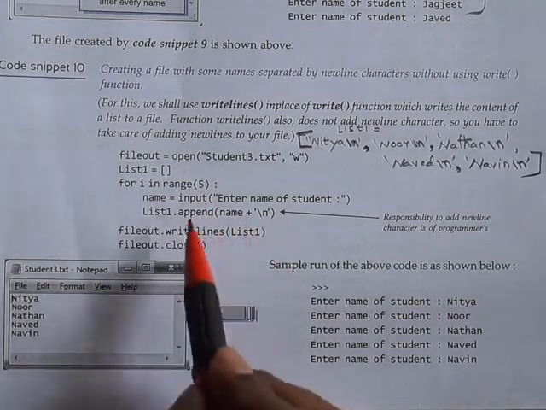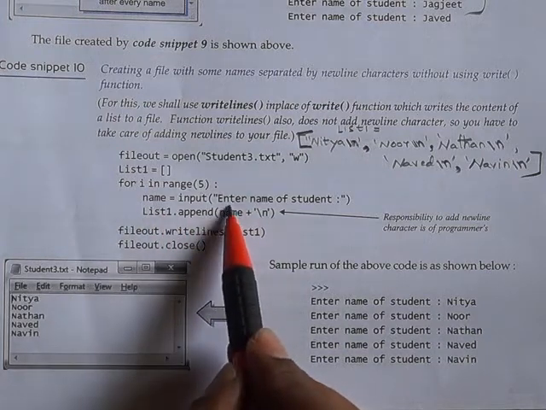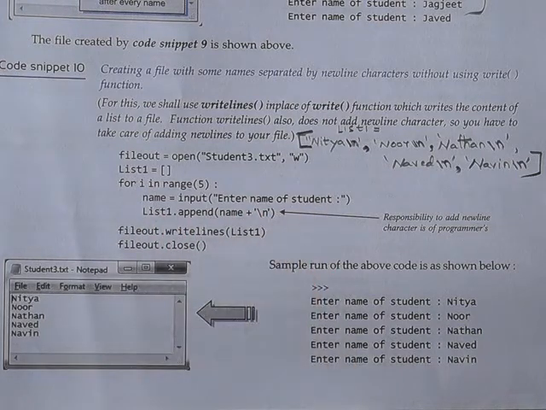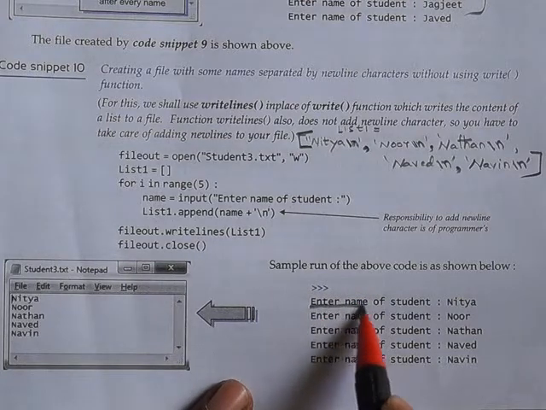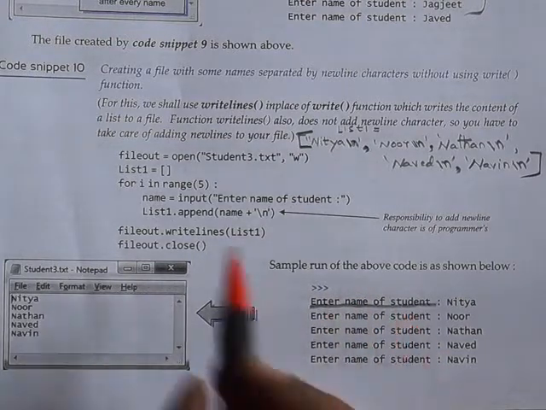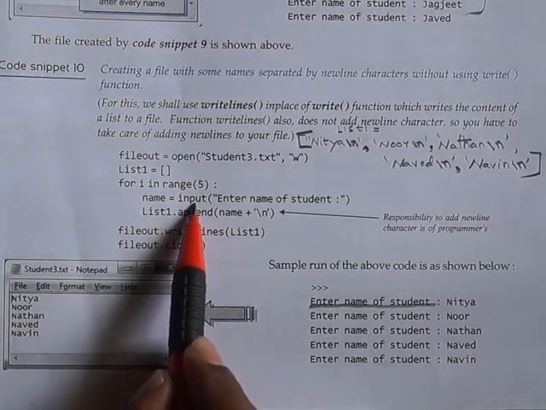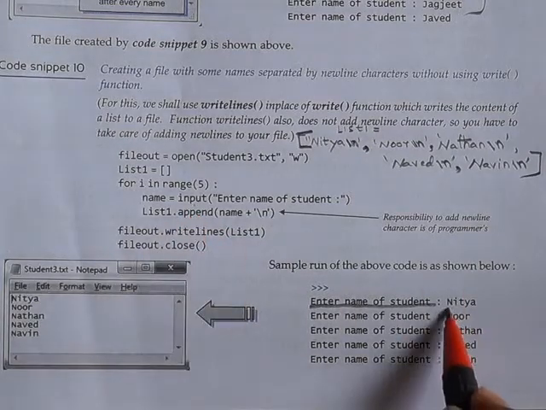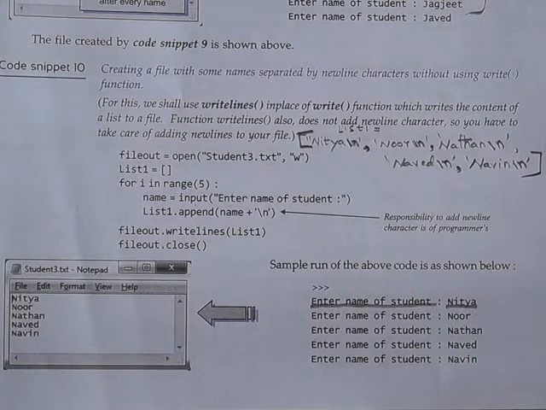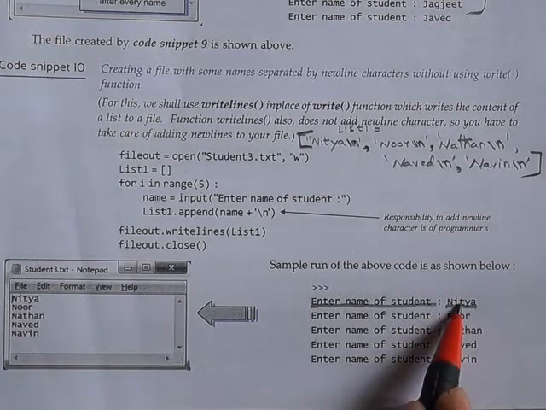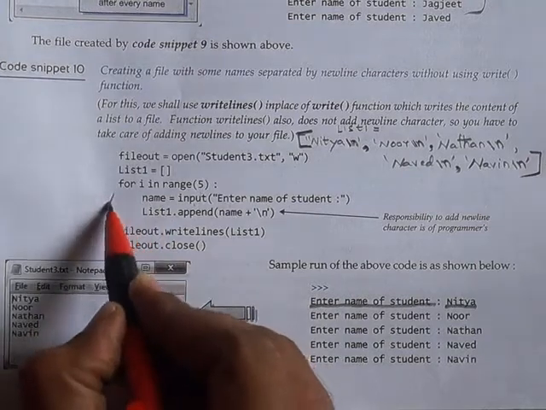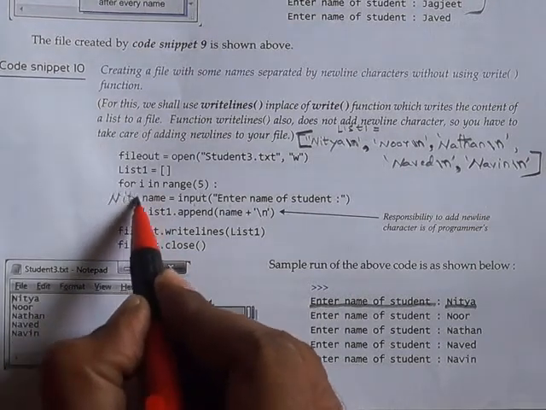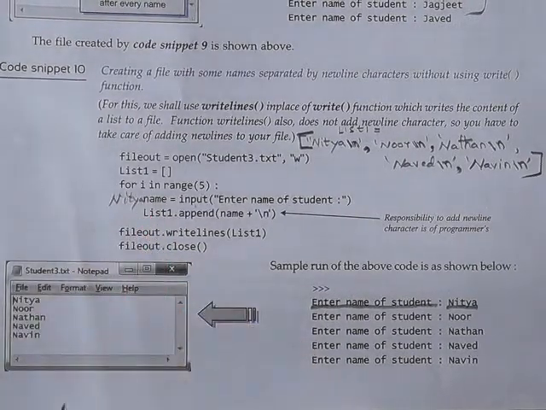For the first loop, it will ask for the enter name of student. It will ask you for keyboard input and you are giving Nitya as keyboard input. Then this Nitya will be saved in name. The name value is what? It is Nitya.